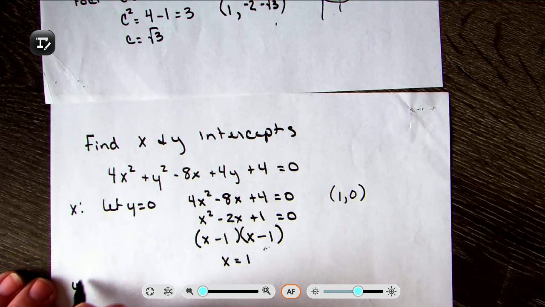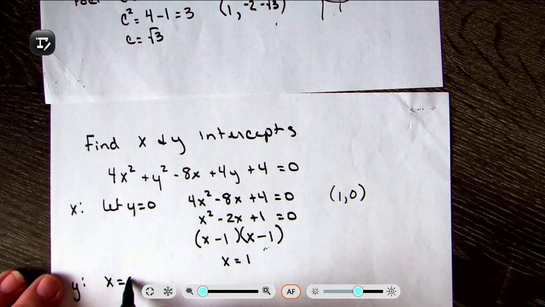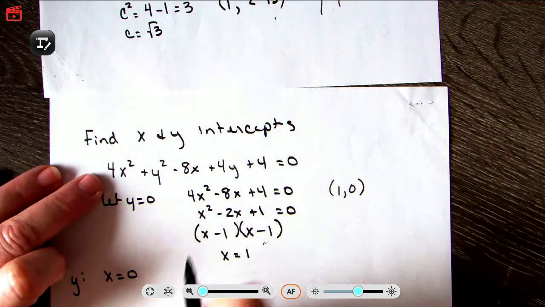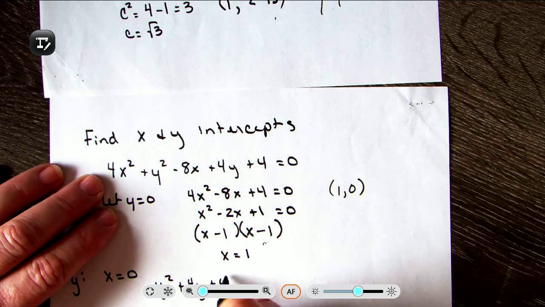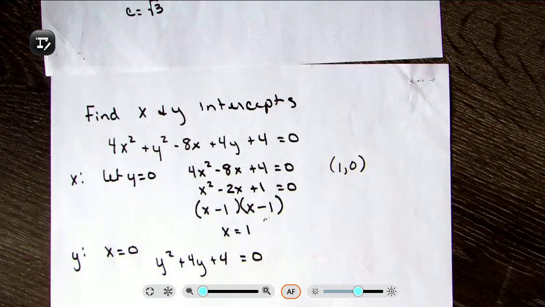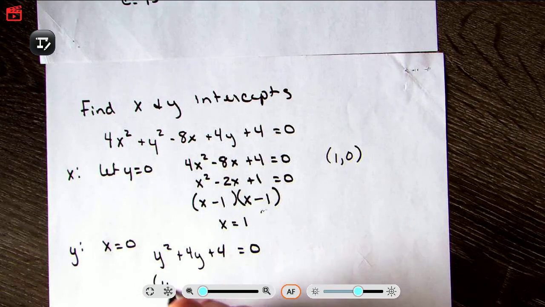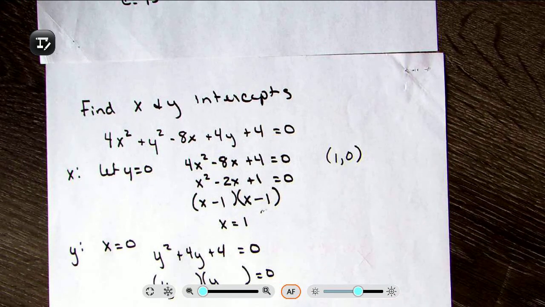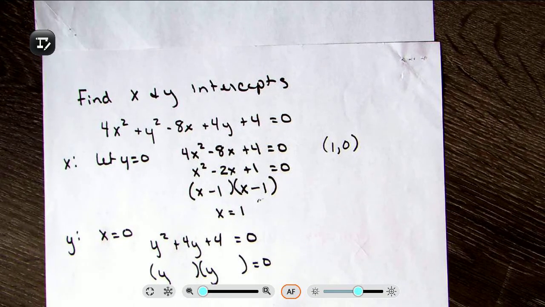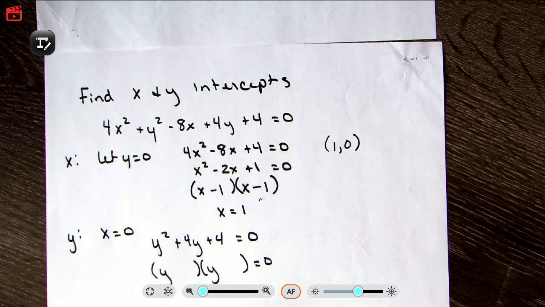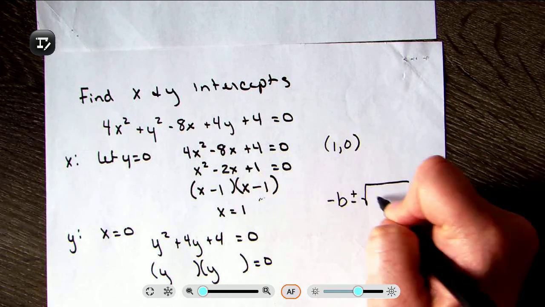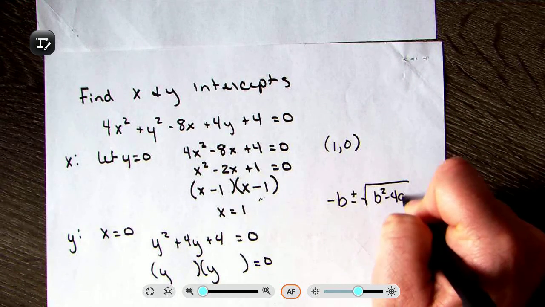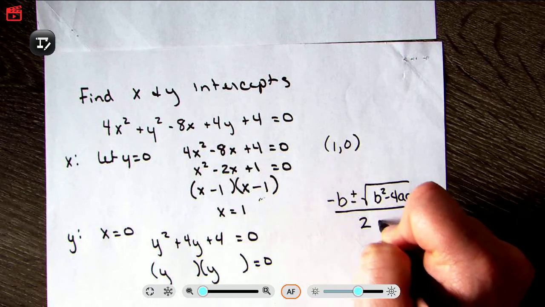If I'm finding my y-intercepts, we let x equal 0. So in this case, we'd have y squared plus 4y plus 4 equal to 0. So again, we're going to factor. So this is going to bring back a lot of old friends. Factoring, solving quadratics, the quadratic equation, which you guys hopefully remember, negative b plus or minus square root of b squared minus 4ac all over 2a.